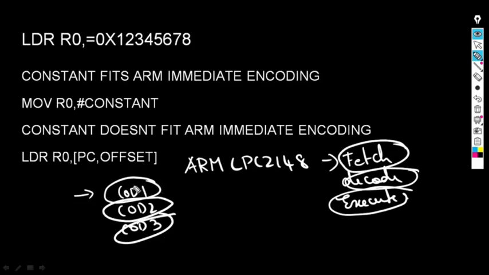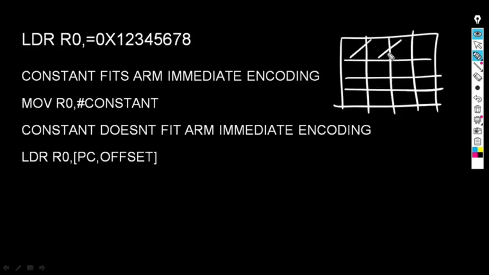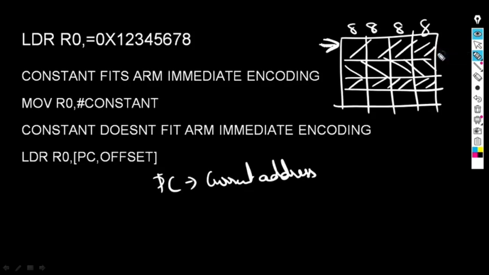Since each instruction is of 32-bit size, that means in memory, these 4 bytes will store one particular instruction, the next 4 will store the next instruction, and so on.